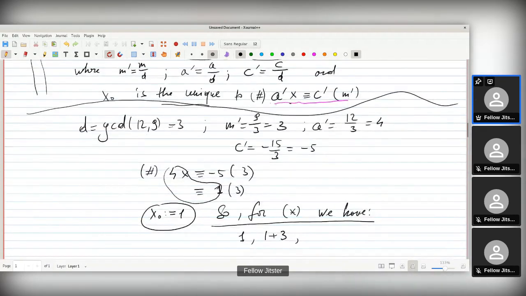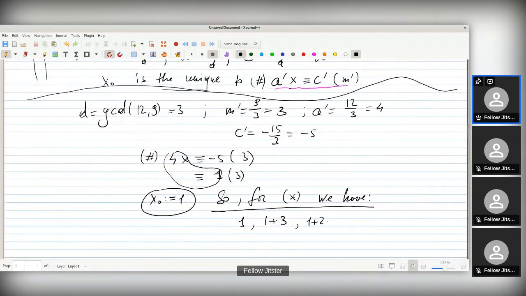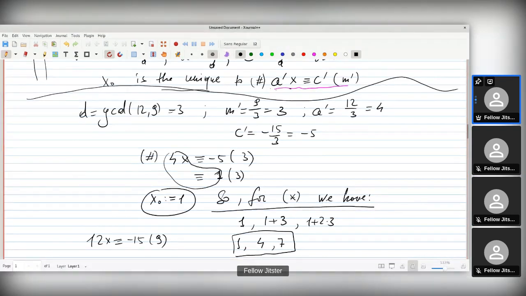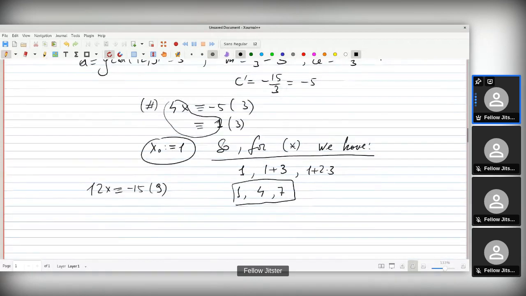We should have 3 solutions: 1, 4, and 7. Is it clear? Yes. All these numbers are obviously solutions to this congruence, and they are pairwise distinct. They belong to our range from 0 to 9.